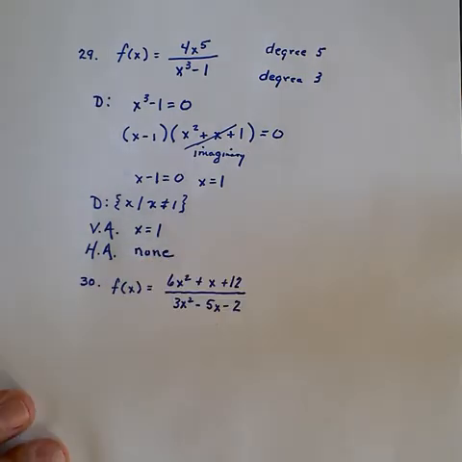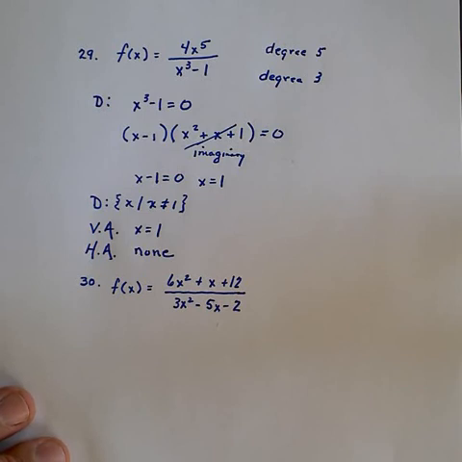When the top is bigger than the bottom, there is no horizontal asymptote. When the bottom is bigger than the top, then we have a horizontal asymptote on the x-axis, so it's y equals 0. But for this one, it's none.